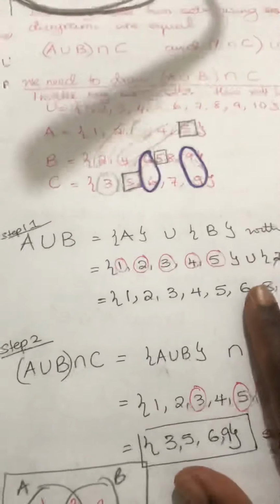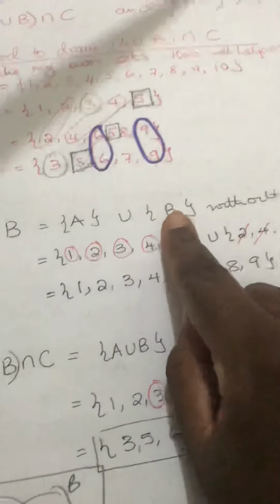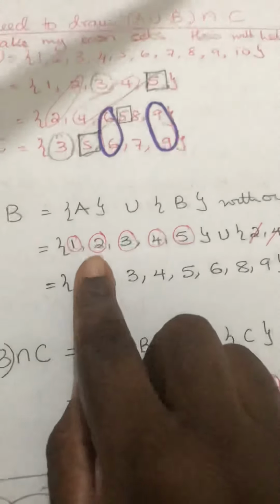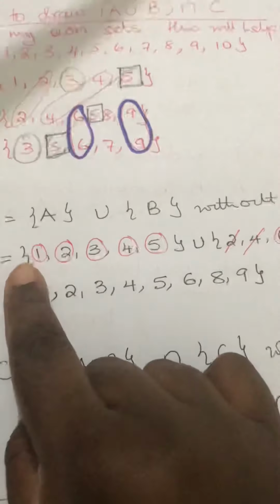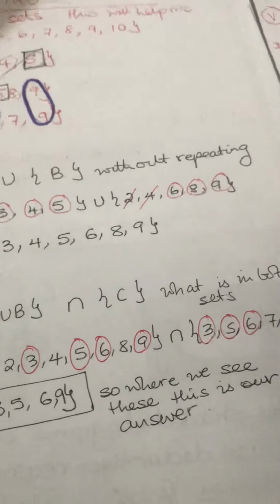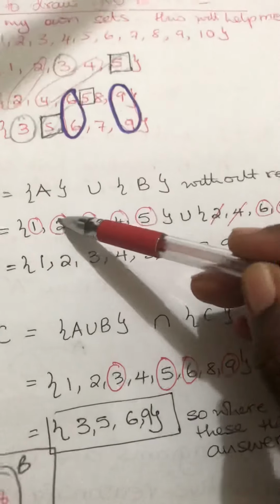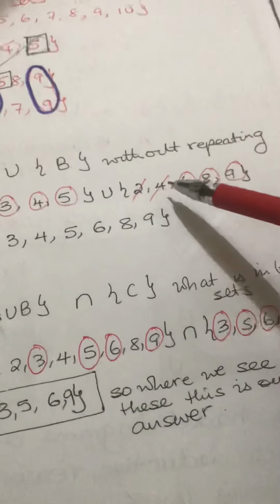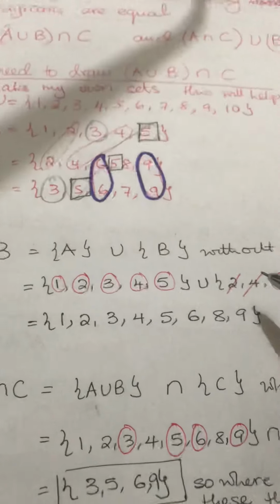Alright. So then, now I do A union B. I need to take all of A and all of B without repeating. So I wrote my A, I wrote my B, and whatever I saw is in both, I crossed out. So I crossed out 2 and 4 because they were repeated. Okay? Do you see that?